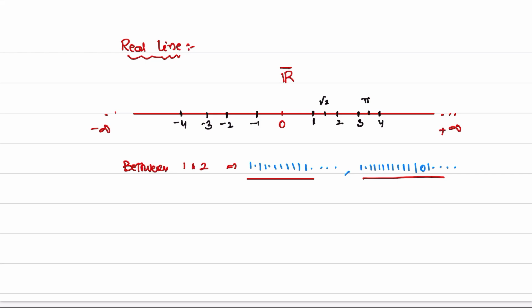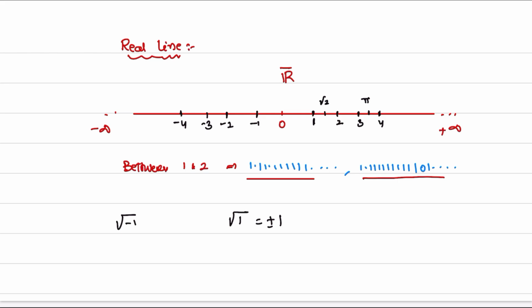Once you understood the real line, there is one drawback with the real line. It's a line. On the real line, it's very important, we cannot find the value of square root of -1. We can find square root of 1 is equal to plus or minus 1. We know plus 1 and also minus 1.